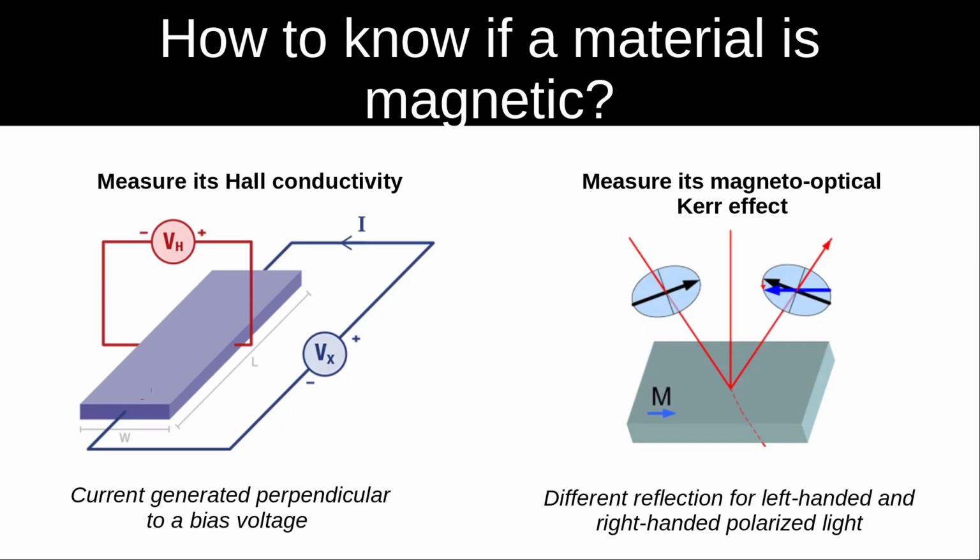These two techniques allow us to see if a system breaks time reversal symmetry. So we can see if a system has finite magnetization or some spontaneous angular momenta just by doing these measurements. So if the Hall conductivity is non-zero or the magneto-optical Kerr effect is non-zero, then we know that time reversal symmetry is spontaneously broken.